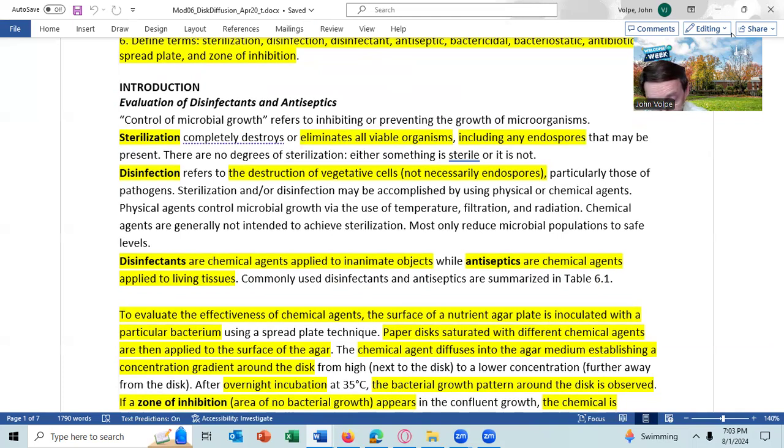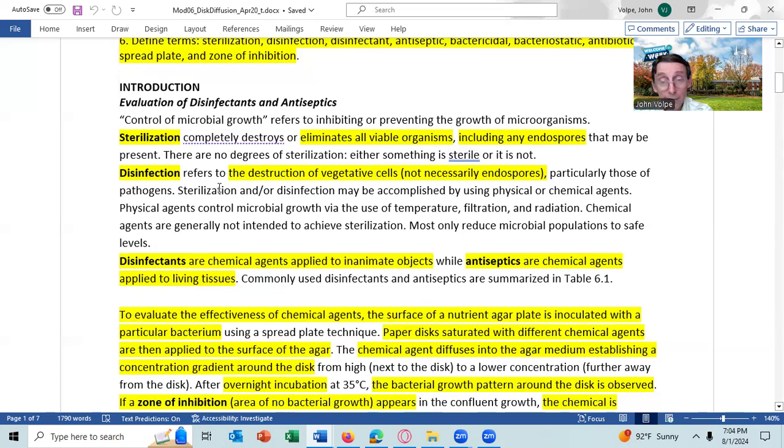Now, when we are talking about sterilization, we are not talking about the complete removal of viruses or prions, proteins, but we are referring to the removal of all living cells, including endospores. How we typically sterilize something in microbiology is we put it in the autoclave, and that will kill even endospores.